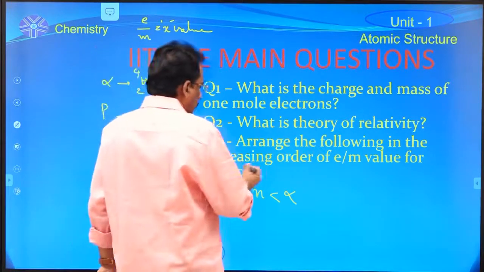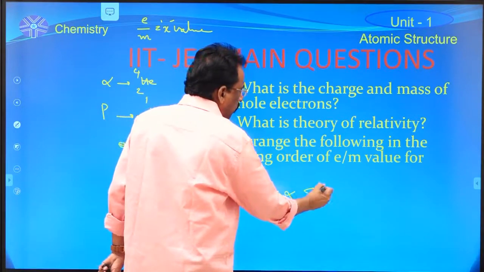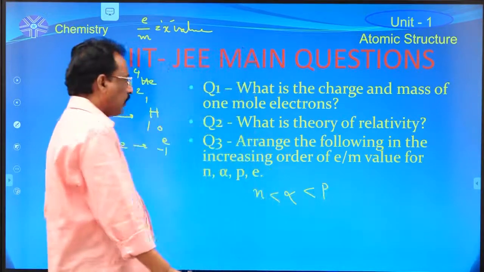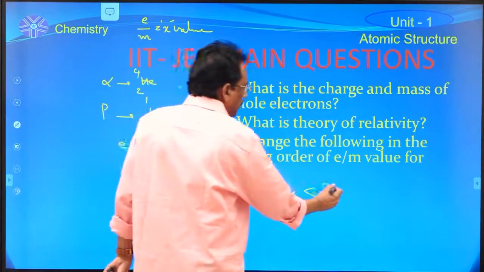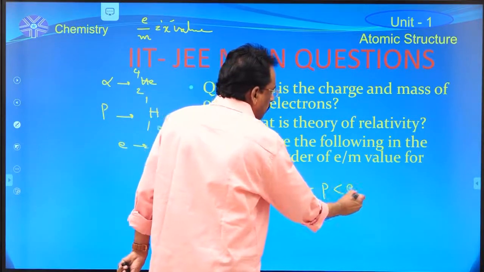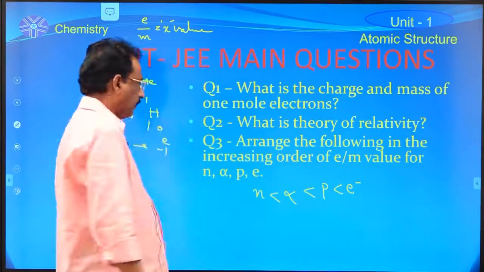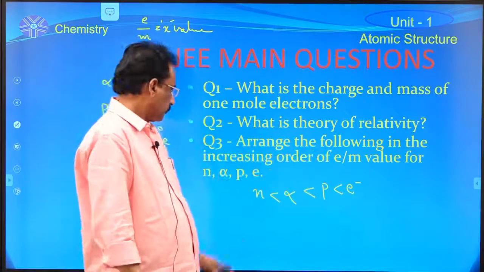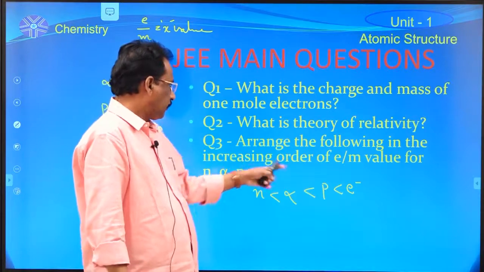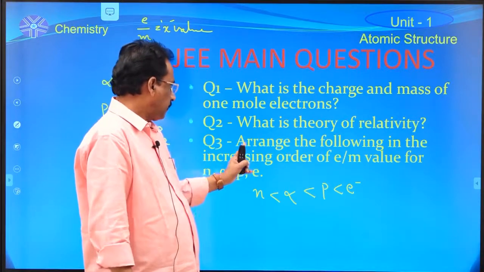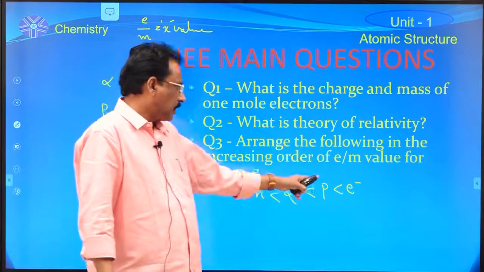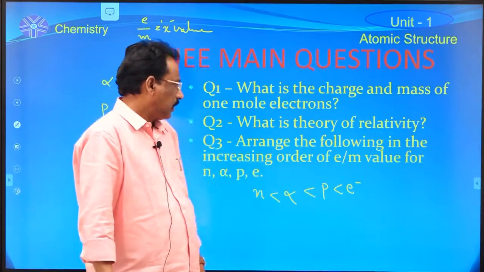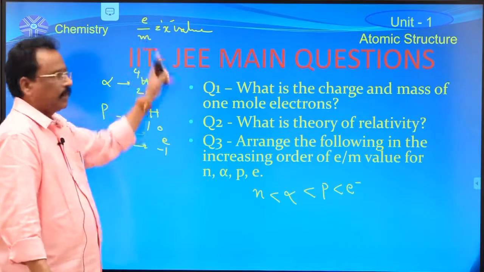That's why among these two particles proton possesses a lower specific charge value than the electron. So this is about the increasing order. Among these four particles, the specific charge of the neutron is 0, and the specific charge of the electron is the most due to its negligible mass.